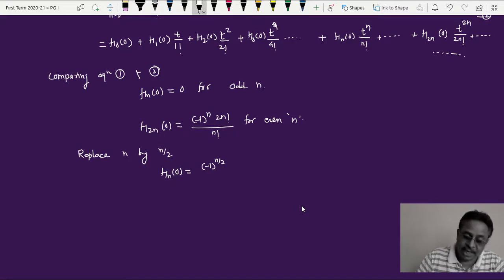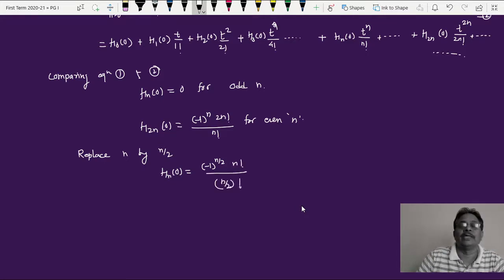Replacing n by 2, the 2 will get cancelled, so we'll get n factorial divided by n by 2 factorial, okay, and this is my result 2. So this is result 1 and this is result 2.